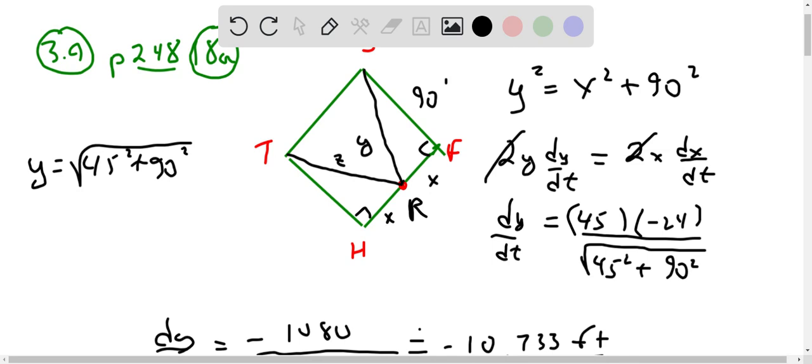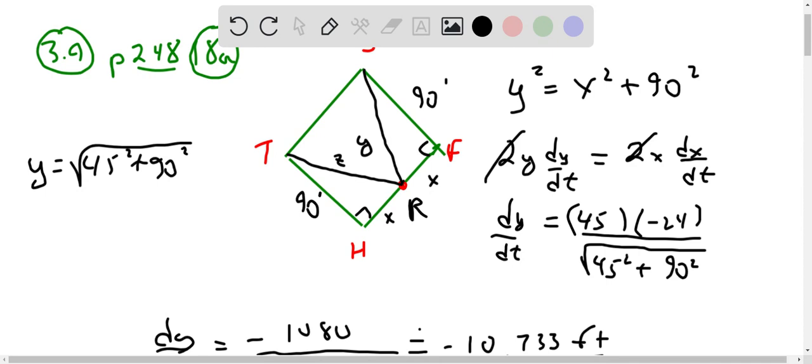But now dx dt is positive because this length is increasing, and this is 90 again, a constant. So don't we have the same exact thing, but it's increasing? Y is decreasing and Z is increasing at the same rate. Y is about negative 10 feet per second and Z is about positive 10 feet per second, just by symmetry, because it's the same equation.